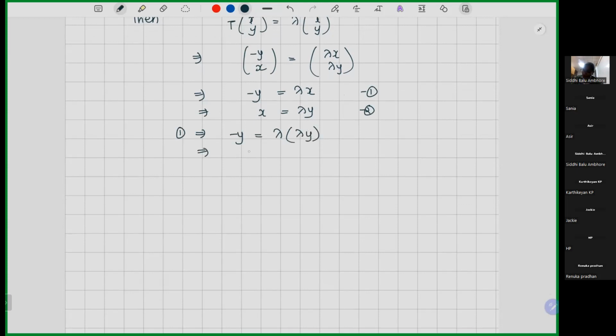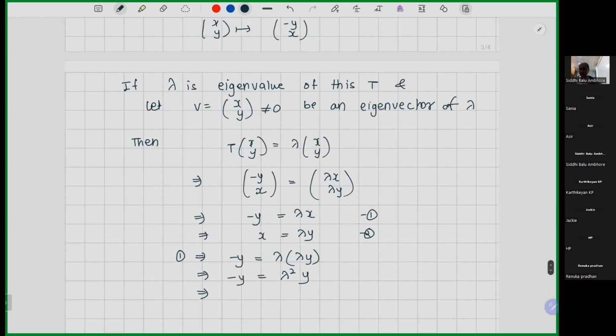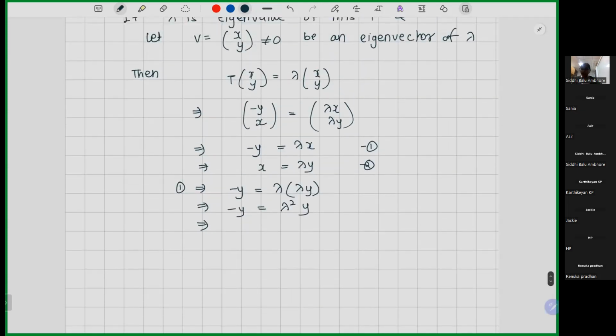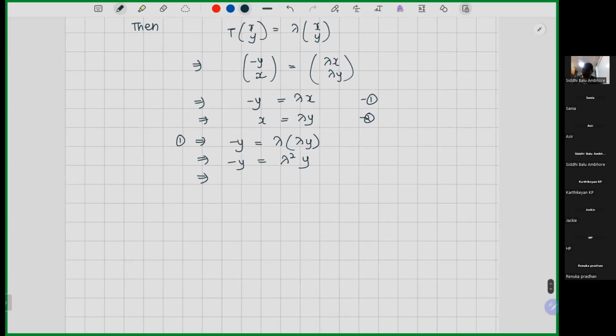So this implies minus y is equal to lambda square y. Since (x, y) is non-zero, I can assume y to be non-zero. Then I can cancel y and I get minus 1 is equal to lambda square. That is, lambda square is equal to minus 1.